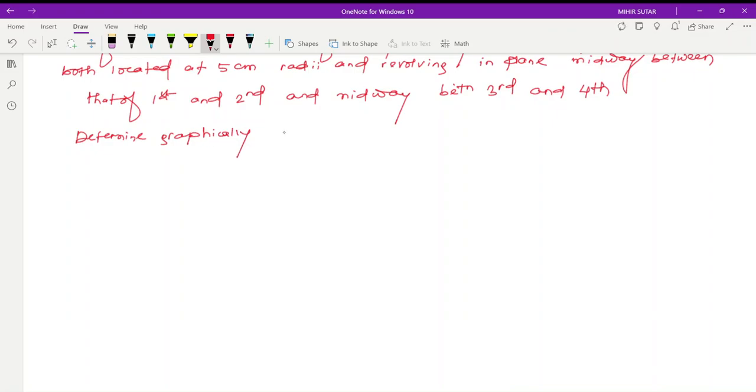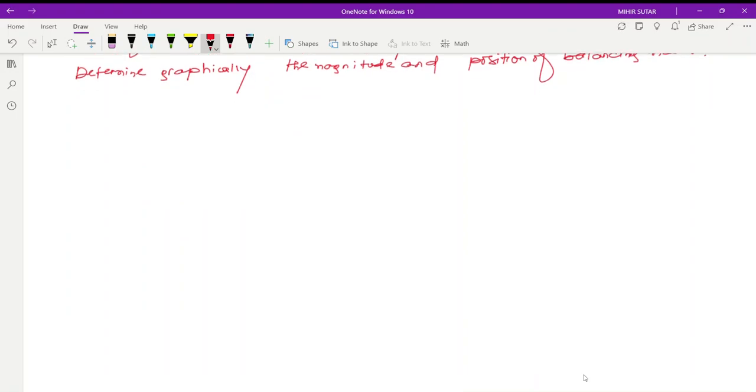the magnitude and position of balancing masses. Okay. So the space diagram will be like this.